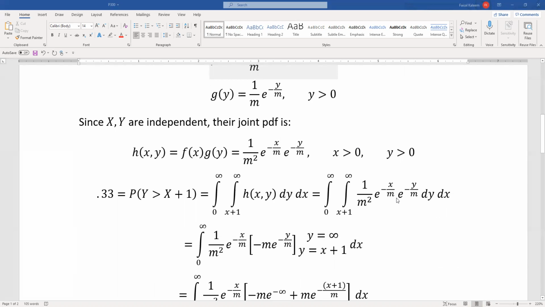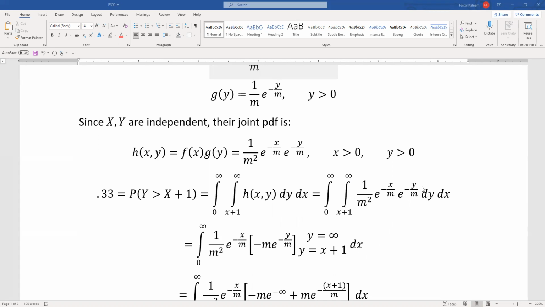Now we substitute the value of the joint PDF. The first integration is with respect to y, and therefore the 1 over m squared and e to the negative x over m are constants, so I pull them outside of the inside integral. I'm just integrating e to the negative y over m.